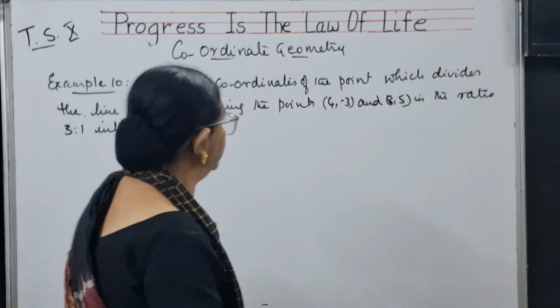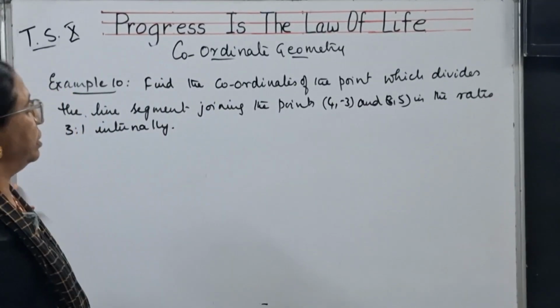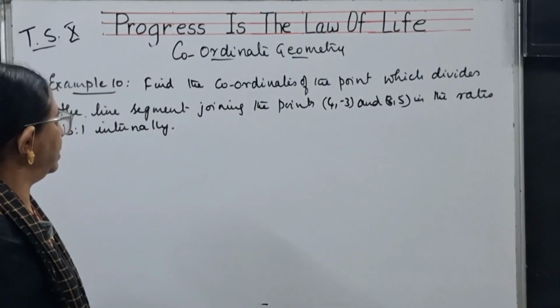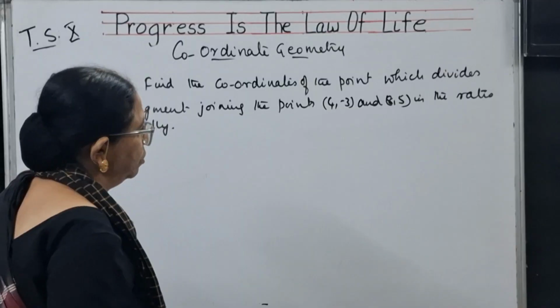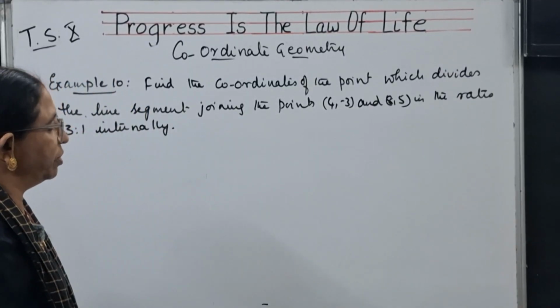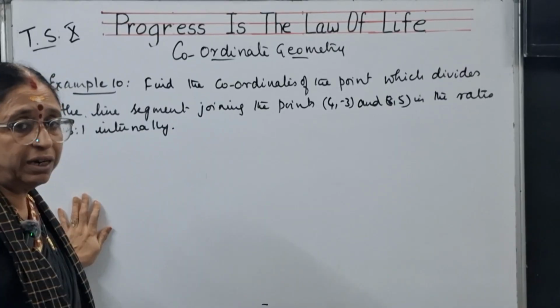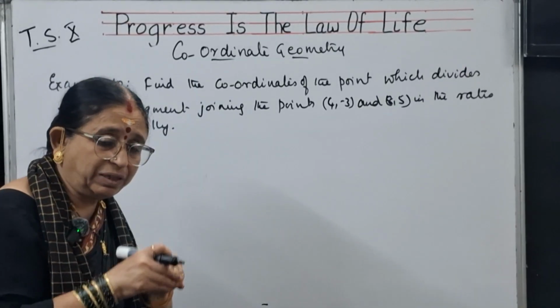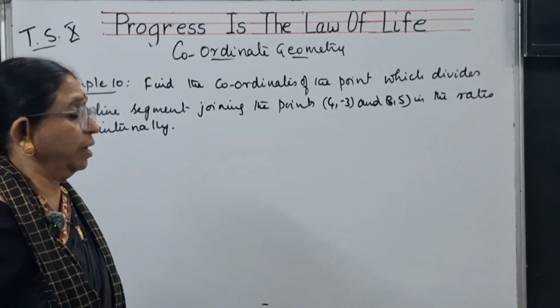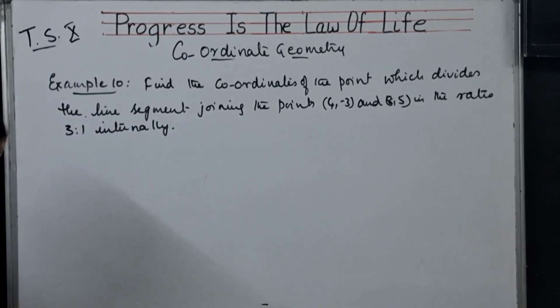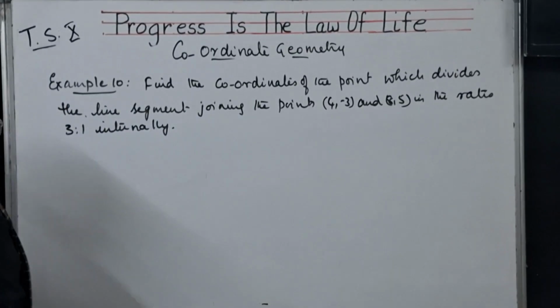Now, example 10, children. Find the coordinates of the point which divides the line segment joining the points 4, minus 3 and 8, 5 in the ratio 3:1 internally. Internally means the point is lying within the line segment. That is the meaning of it. So let us proceed with it.